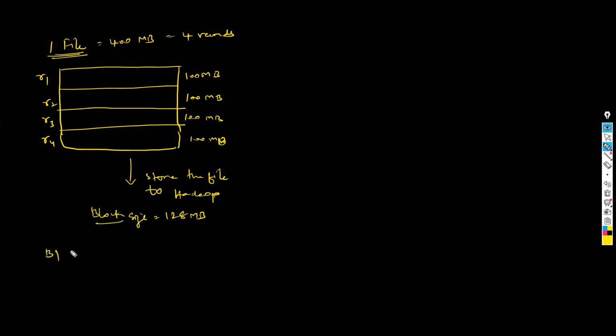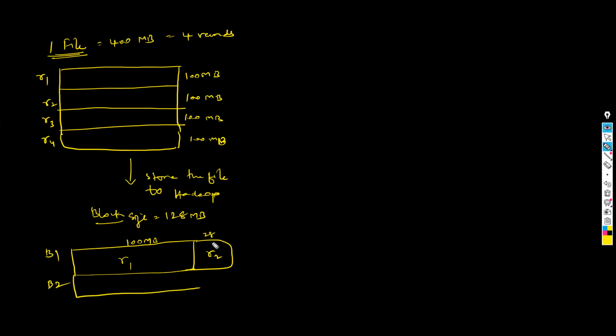In block 1, I would have record 1, which is 100 MB, and then from record 2, I will have 28 MB. Then I will take block 2. In block 2, how much data is left out, guys? 100 minus 28.